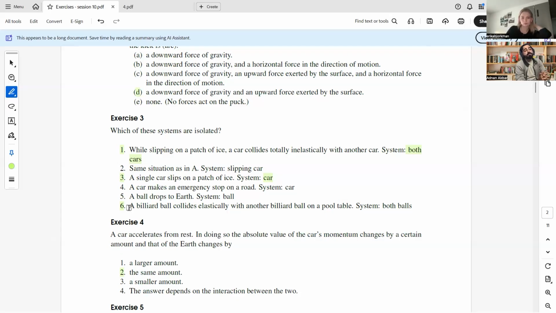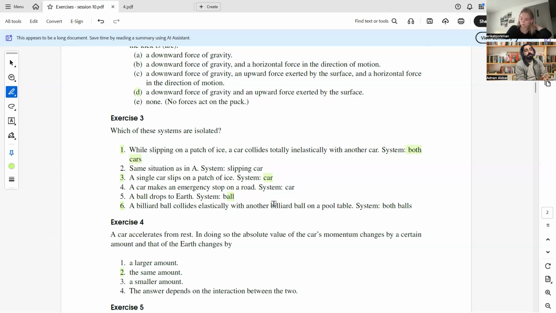A ball drops to earth. Is it an isolated system? It is also not an isolated system, because the ball will move due to gravity, and in that case it will also face the frictional effect of the atmosphere, for example the air.